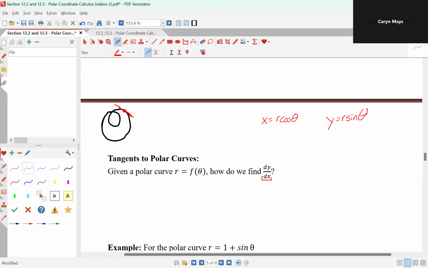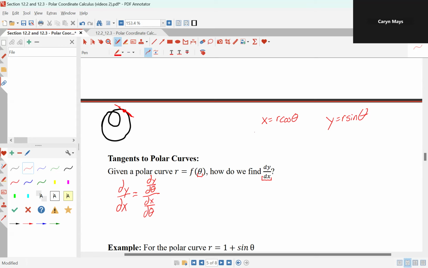And pulling an idea from parametric, a couple sections back, if I want to find the slope in Cartesian, we need to find the derivatives with our new introduced variable in terms of theta. So we're going to take the derivative of y in terms of theta and the derivative of x in terms of theta.